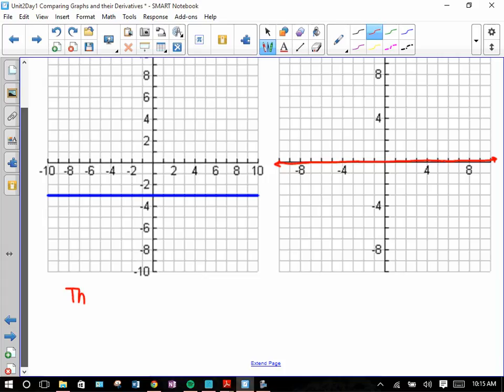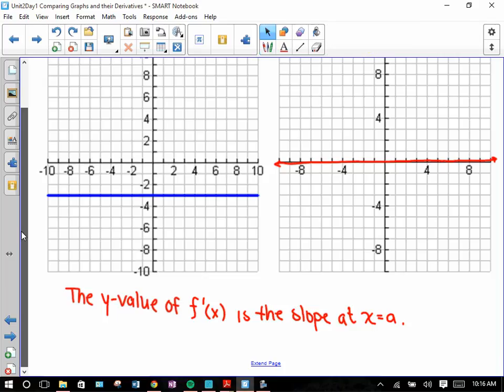The y value of f prime of x is the slope at x equals whatever, a.